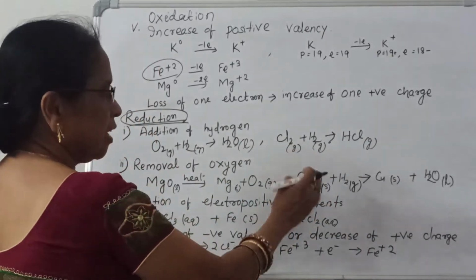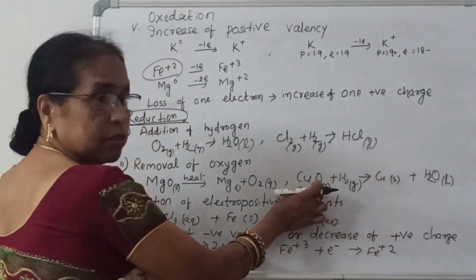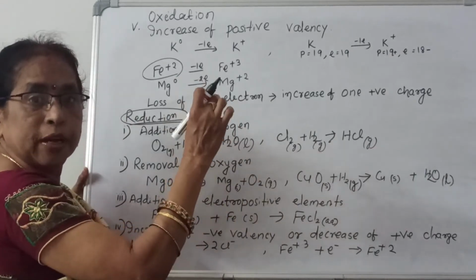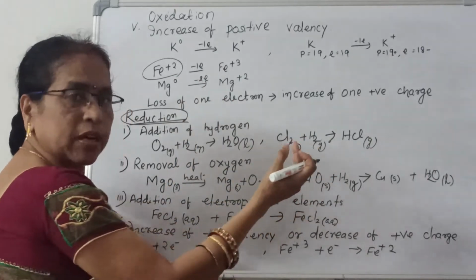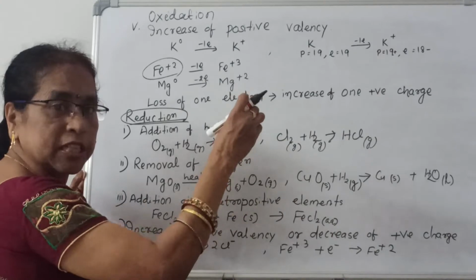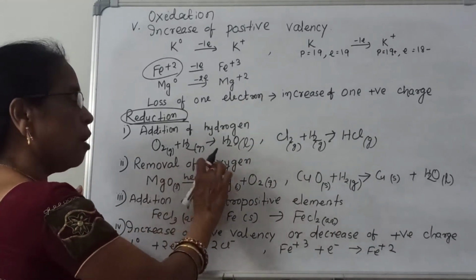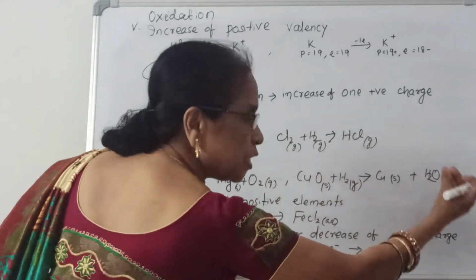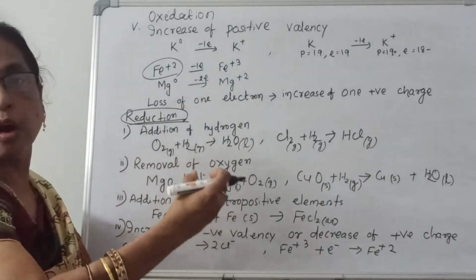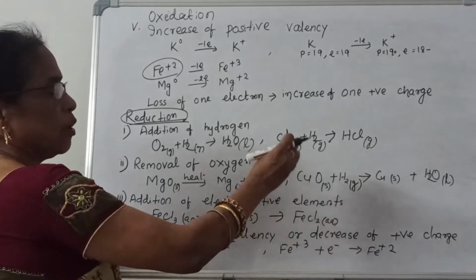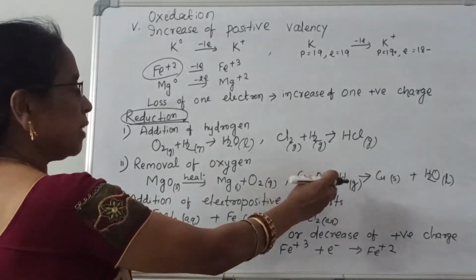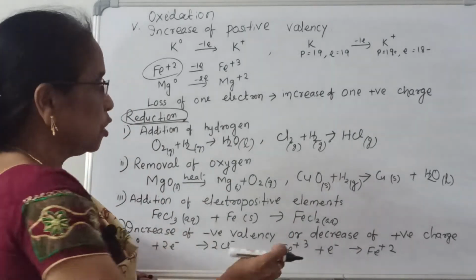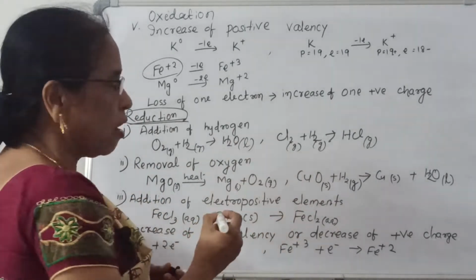See here, you leave all the other things, only take this one main important point for cupric oxide. In cupric oxide, what is the formula? CuO, oxygen is there, and here is removal of oxygen. That means from cupric oxide, oxygen is removed and it changes to copper solid. Cupric oxide was also solid, and after the reaction with hydrogen it gives copper.